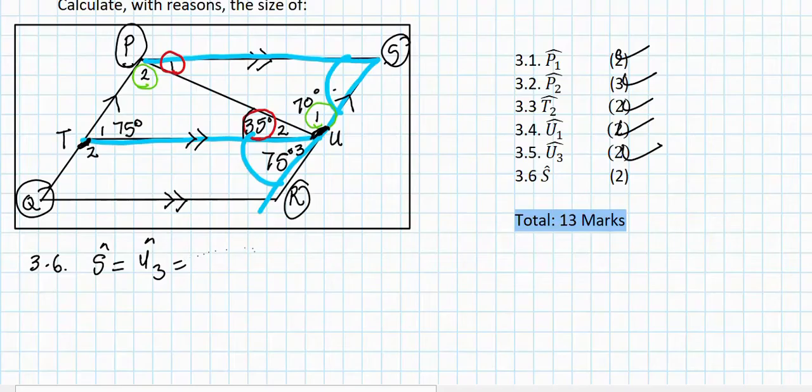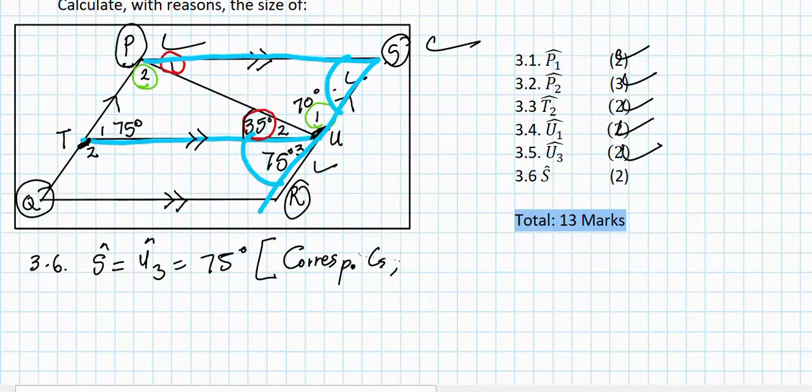And how much is angle U3? Is 75 degrees. Why are these angles equal? The relationship between angle S and angle U3, we know that they form an F formation. Therefore, they are corresponding angles. And if they are corresponding angles, which parallel lines are they using? They are using PS being parallel to TU right there.